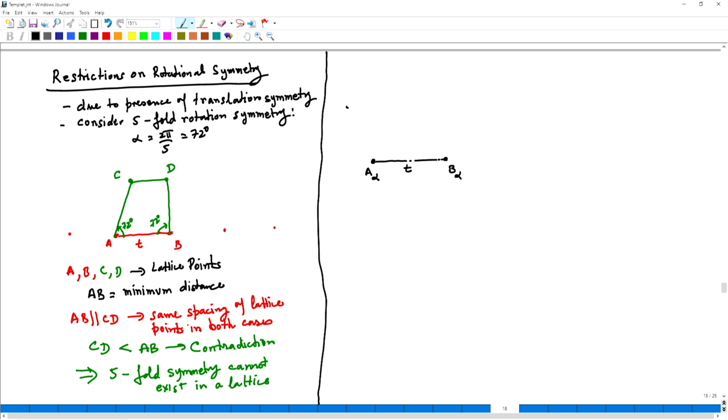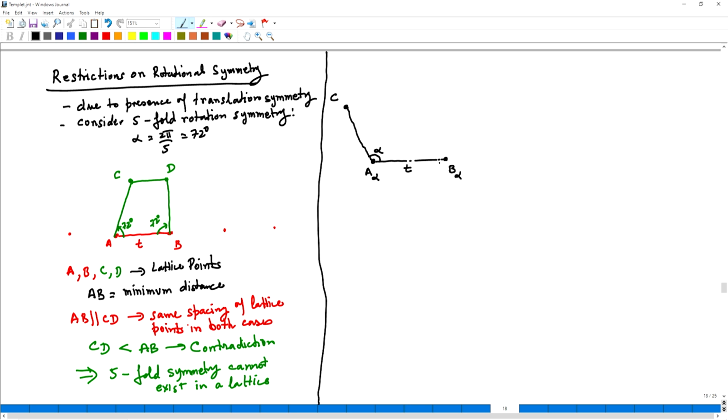Let me give a rotation of alpha about A, which will take the lattice point B to another lattice point. We will call that lattice point C, and this angle is alpha.